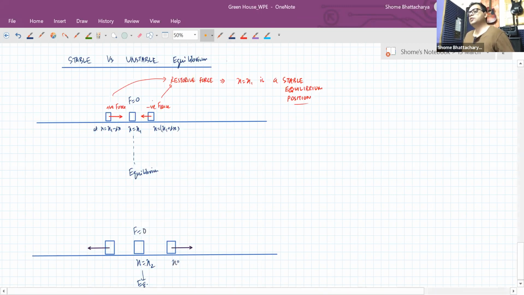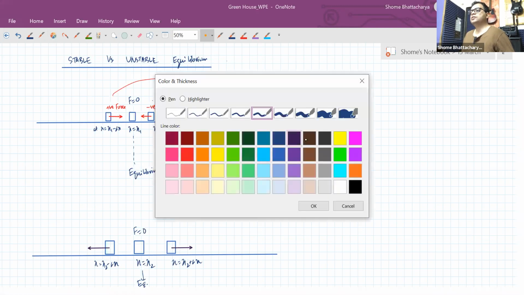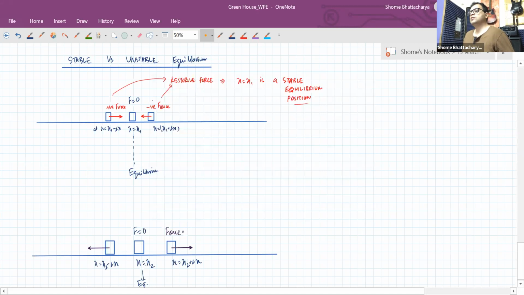But at x equal to x2 plus delta x or x equal to x2 minus delta x, at this point, the force is positive on the positive side and there is negative force on the negative side.